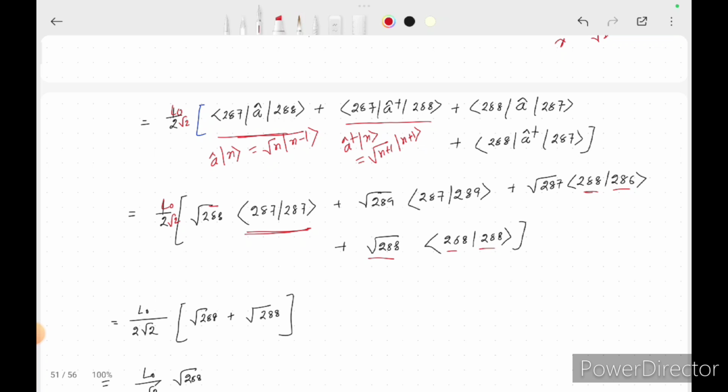So from the orthogonality conditions, these two values are equal to 0 because they are different states, right? And these two values are 1.